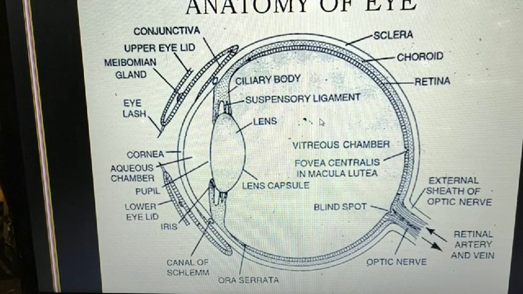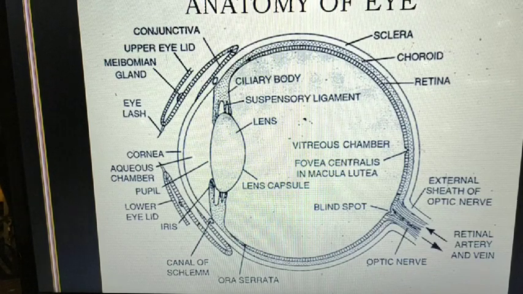Okay. So the outermost coat is known as the fibrous coat, which is also known as sclerotic coat, and this sclerotic coat is made up of the posterior sclera and anterior cornea.